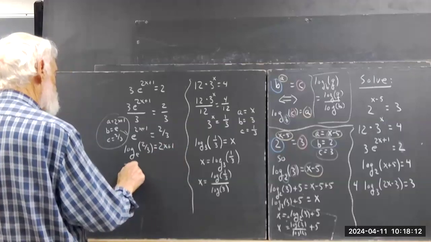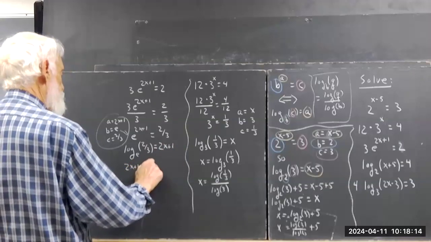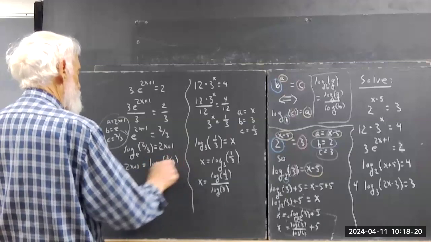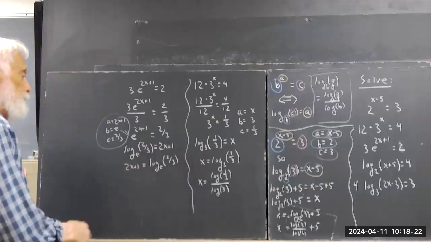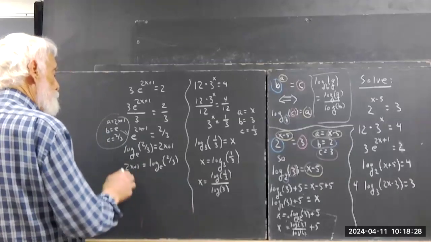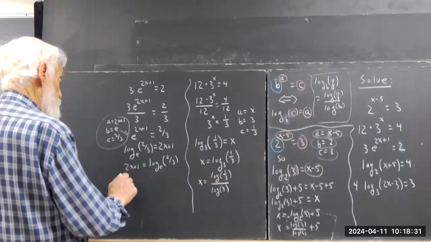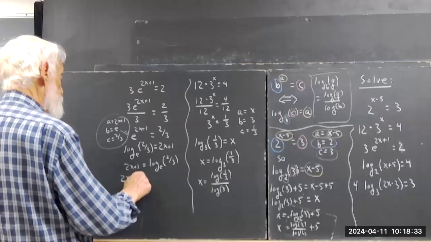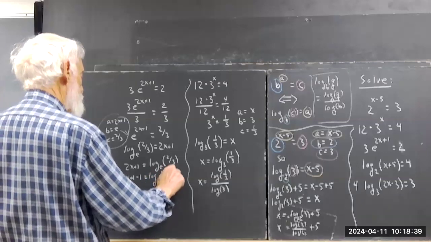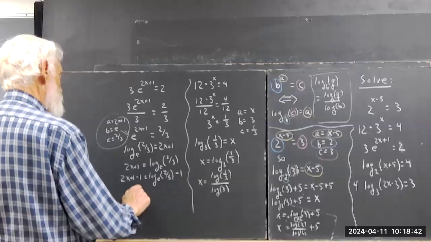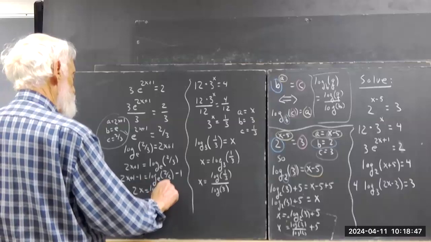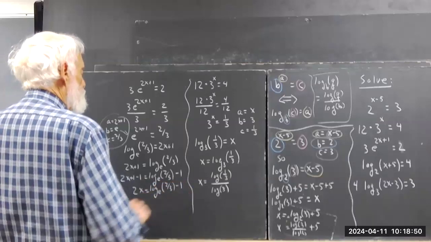We haven't really changed the form, we just got the x on the left where we prefer to see it. Now we have to just do the arithmetic. We need to isolate x, meaning we have to subtract 1 from both sides, giving us 2x equals log base e of 2/3 minus 1.